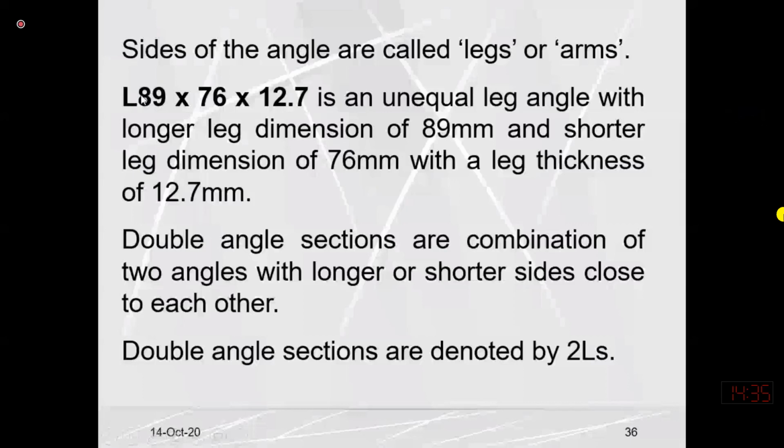So L89 into 76 into 12.7 means an angle whose larger leg is 89 millimeter, shorter leg is 76, and thickness is 12.7. The weight is not given here.